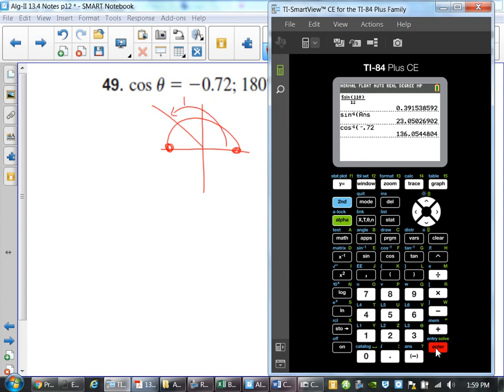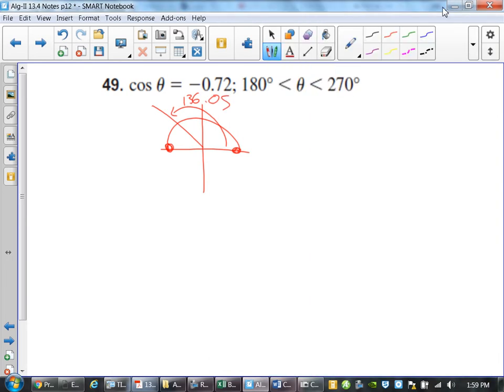So that comes over here to 136.05. Now, how far is that from the x-axis? What's its reference angle? Its reference angle is 43.95.